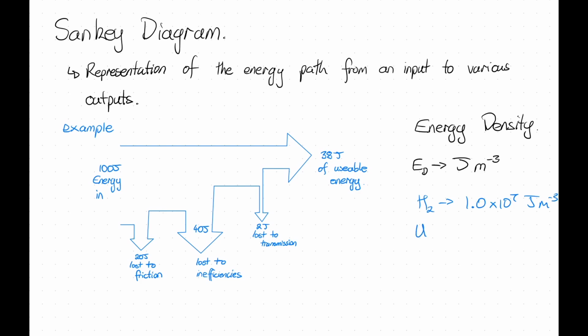Uranium 235 has an energy density of 1.3 times 10 to the 13 joules per meter cubed. So per meter cubed of uranium 235, you can get more energy out of it than you could hydrogen, which makes sense, mainly because hydrogen is very light and also it takes up a lot more space to get the same amount of energy out of it.